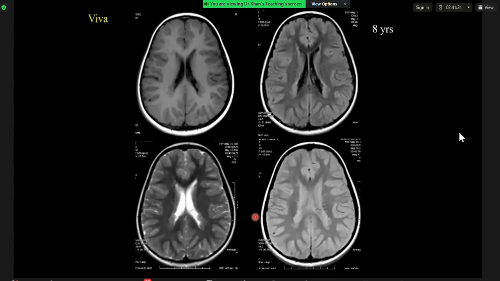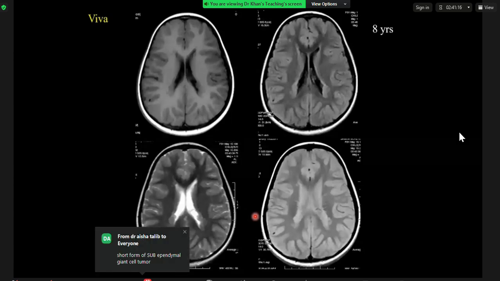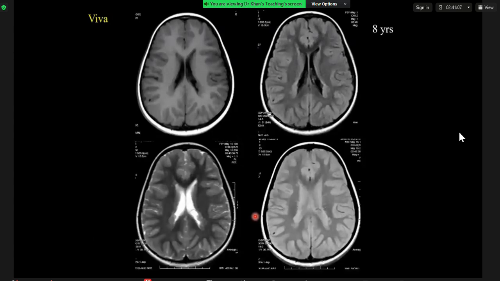But the quite prominent finding is quite enlarged multiple subependymal nodules to the extent that they're quite chunky. So these are not the classic location of SEGA, but I will still consider post-contrast images here to find any enhancement, because they look quite irregular and quite enlarged within the ventricles.